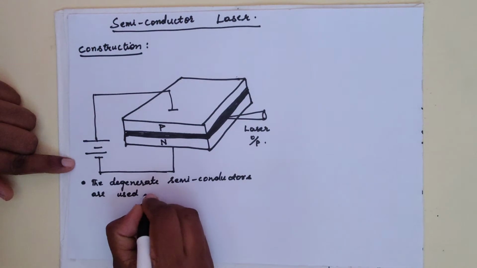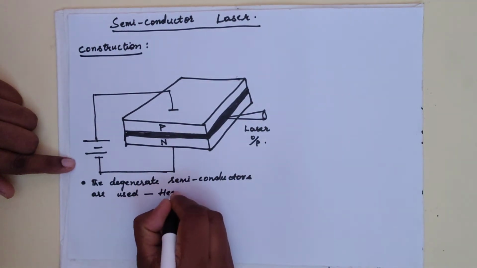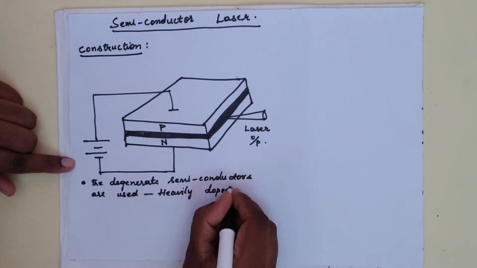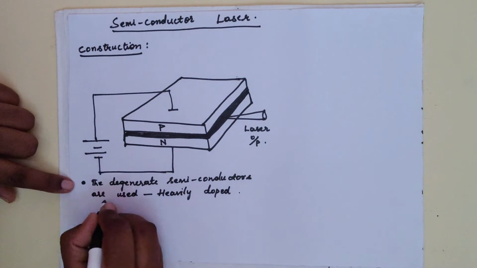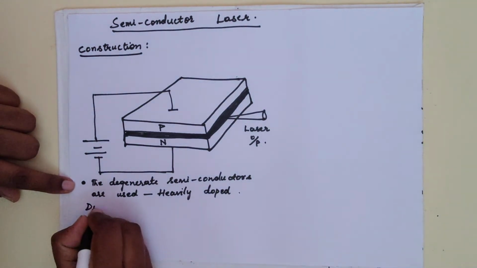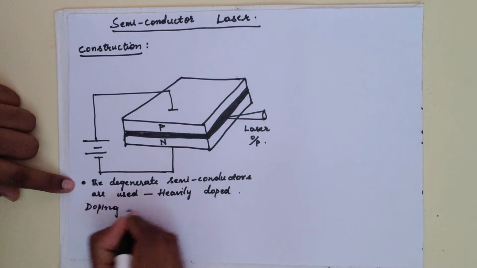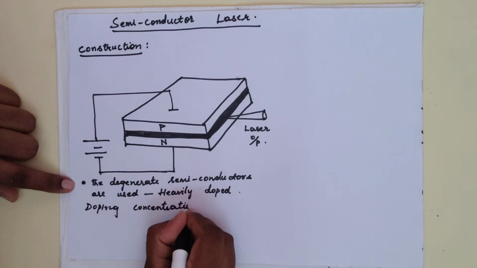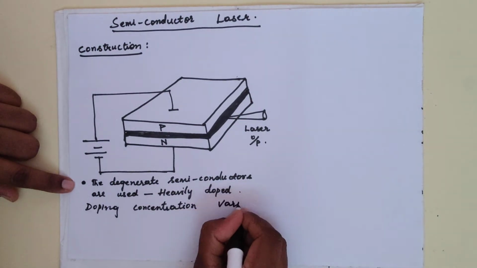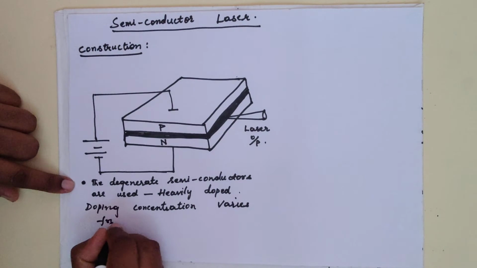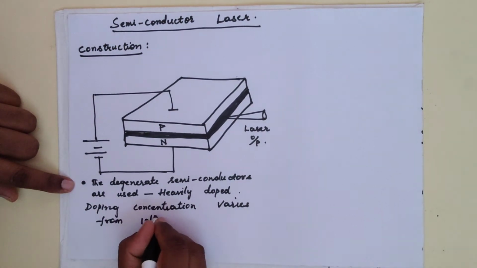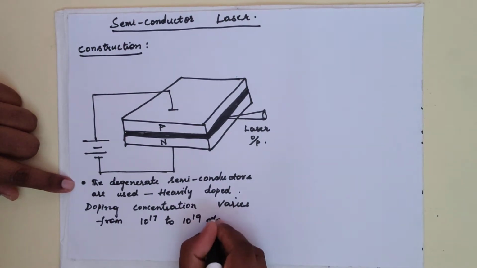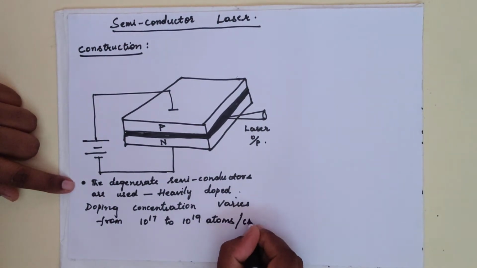So what do you mean by degenerate semiconductors? It is a heavily doped semiconducting material where the doping concentration varies from 10 to the power of 17 to 10 to the power of 19 atoms per centimeter cube.